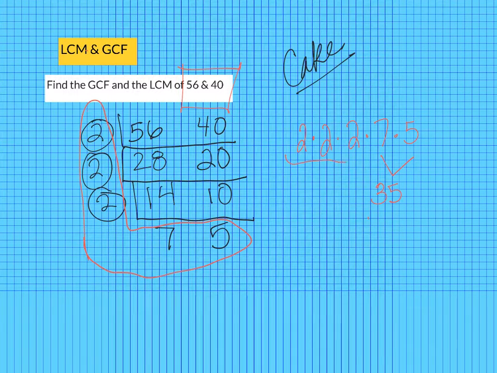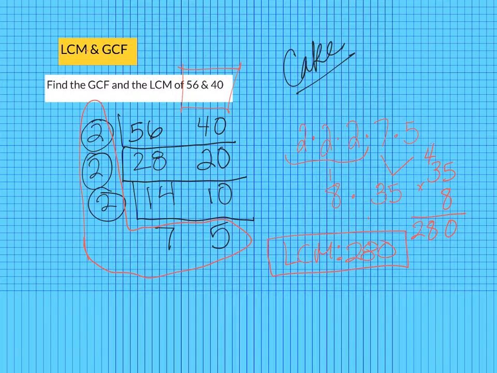And again, 2 cubed, I know that that is 8. So I need to figure out 35 times 8. Let's do that off to the side. 35 times 8. 8 times 5 is 40. And 8 times 3 is 24, plus the 4 is 28. So my least common multiple is 280.